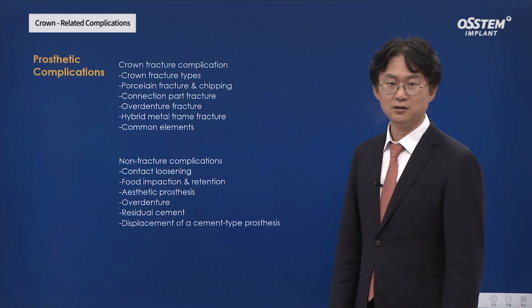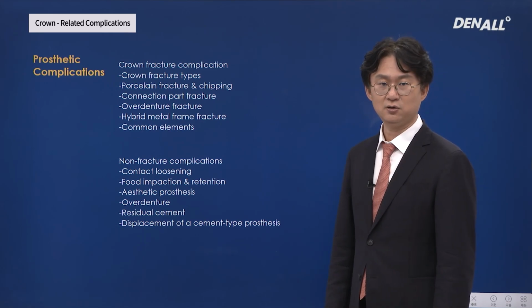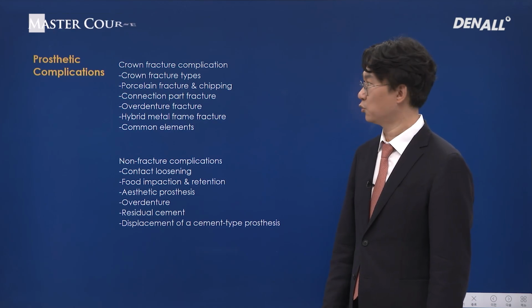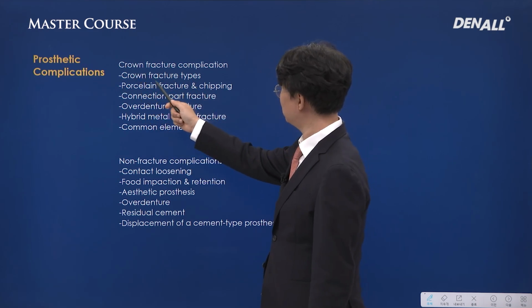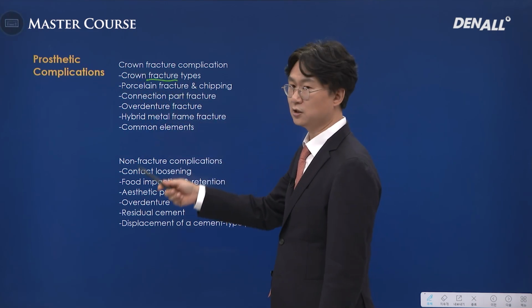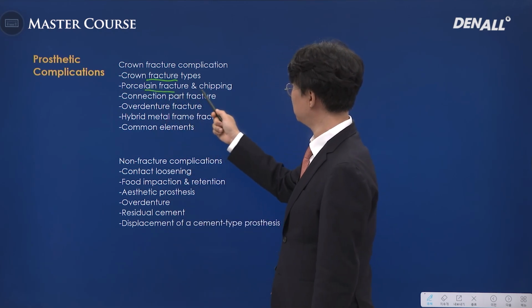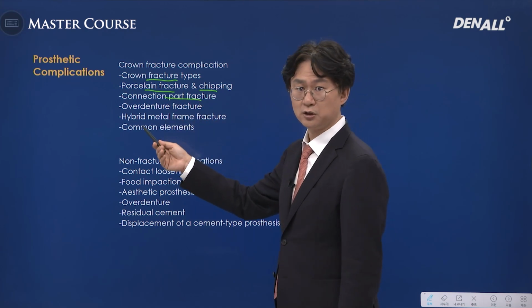Prosthetic complications, there are a variety of them, and we are going to look at some of the cases related to some of these. Crown fracture complications: crown fractures, and in porcelain metal cases, porcelain fracture, chipping, and connection part fractures.